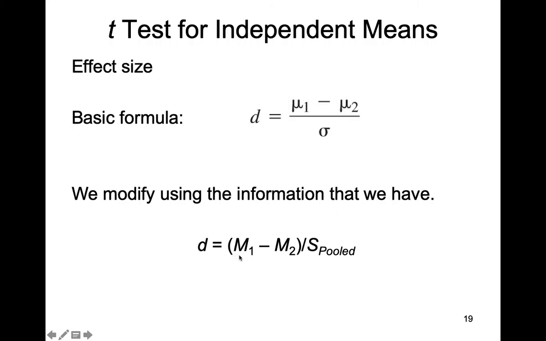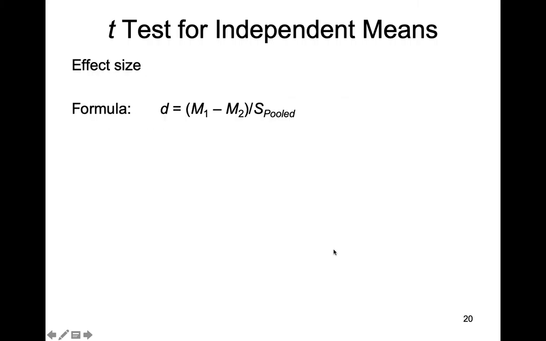We substitute mean 1 for mu1 and mean 2 for mu2. And as our estimate of population standard deviation, we use the pooled standard deviation, which comes directly from the pooled variance. So here's our effect size formula for a t-test for independent means.